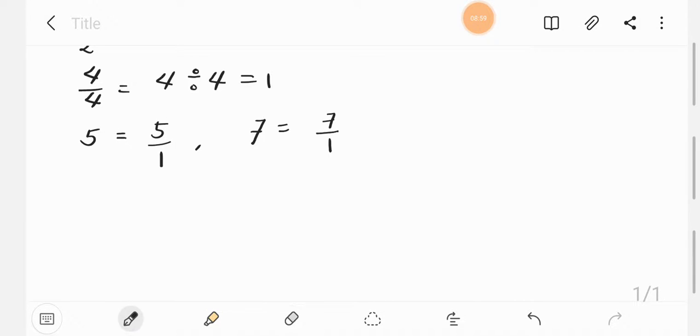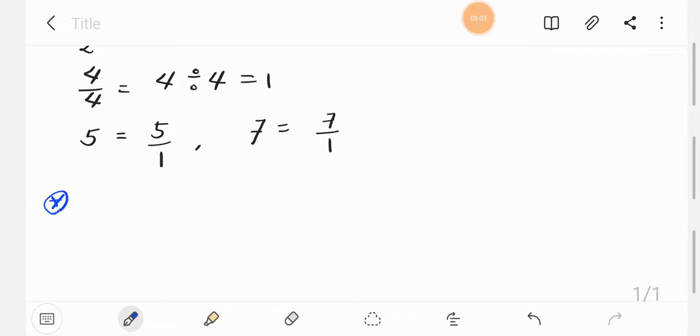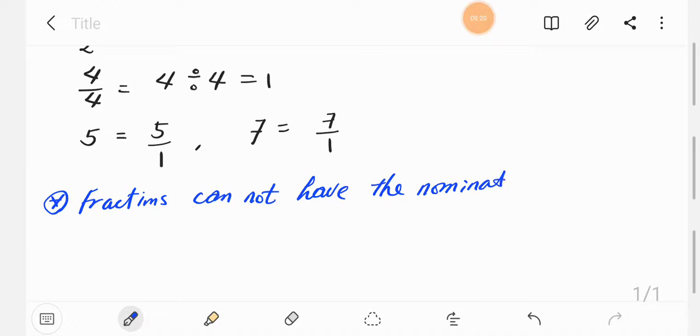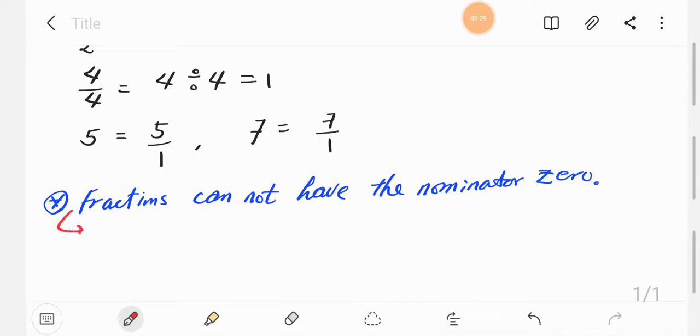Okay, let me write the result first. For fractions, the denominator cannot be 0.